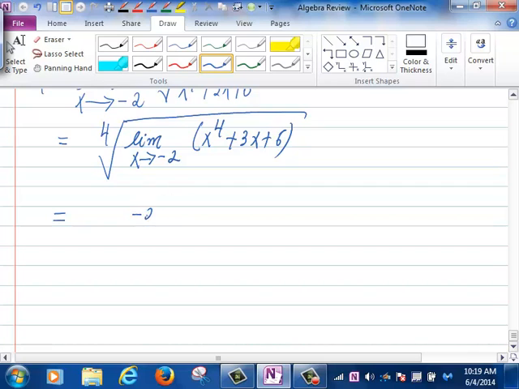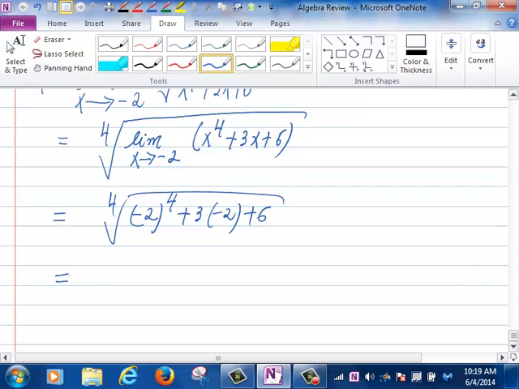Well, we plug in -2. We know how to find the limit of a polynomial. -2 to the 4 plus 3 times -2 plus 6, and then we take the 4th root of that. Yeah, that's -6 plus 6, right? So they cancel out. So all I have is the 4th root of -2 to the 4, right?